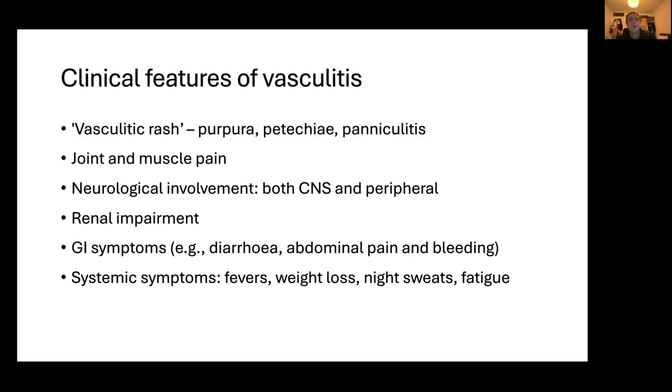But what does it really mean? Does anyone know the difference between purpura and petechiae? Anyone in the chat at all know the difference between purpura versus petechiae?